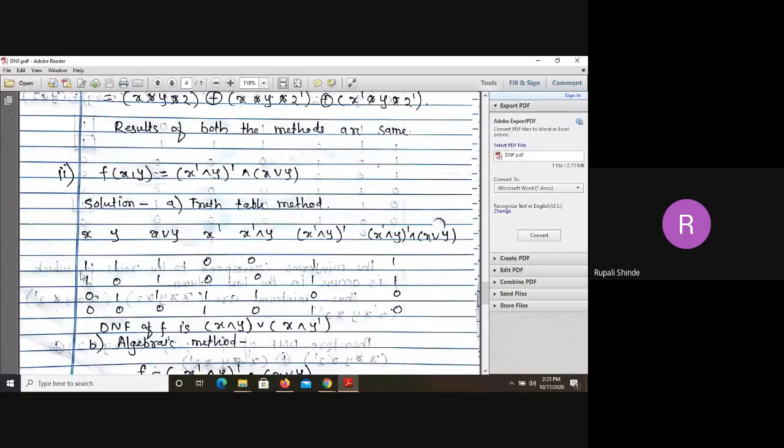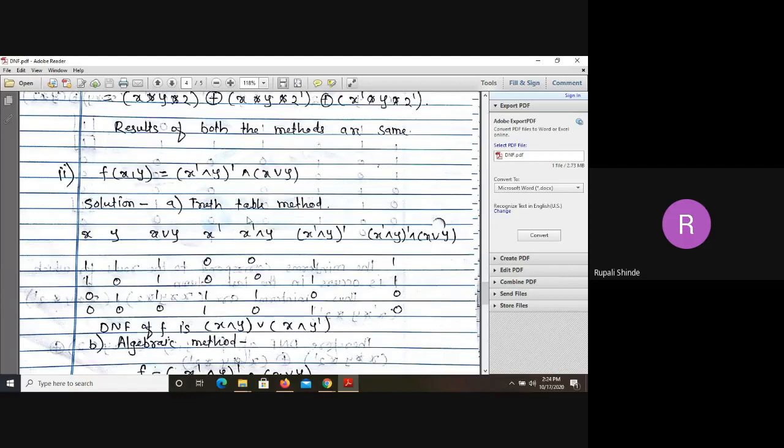Complement means 1 is replaced by 0 and 0 is replaced by 1, that we have written here. Then x complement and y: the product of these two columns, 0 0 1 0.